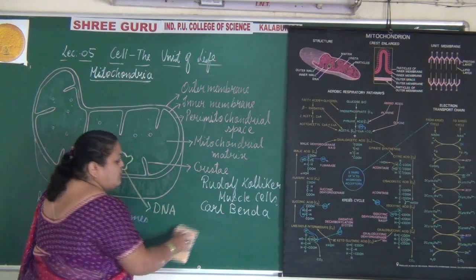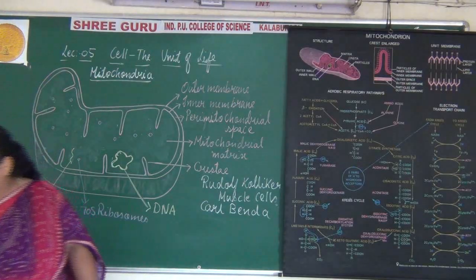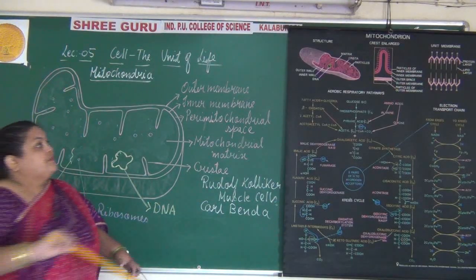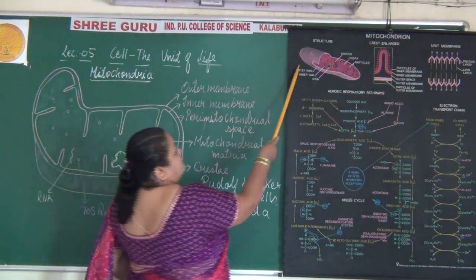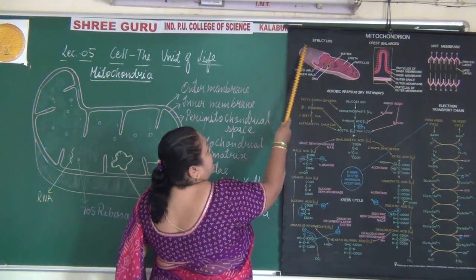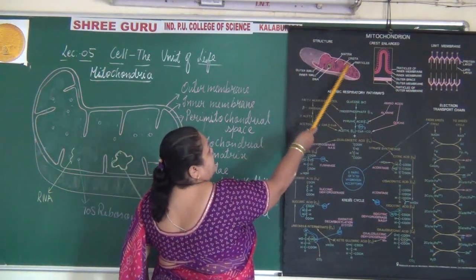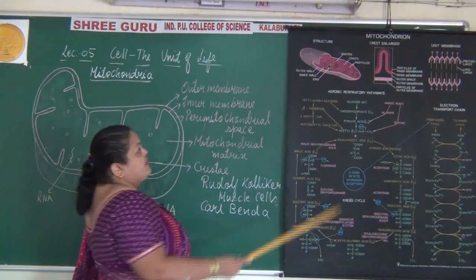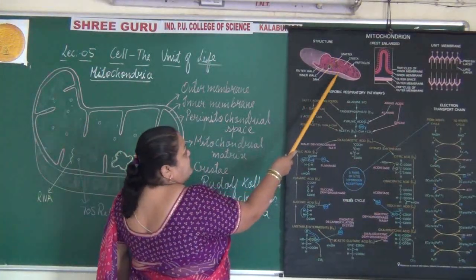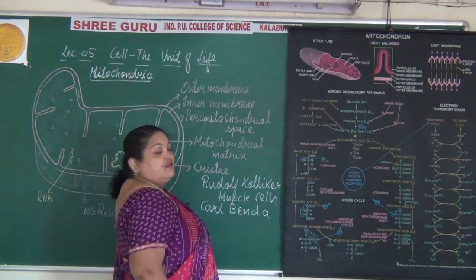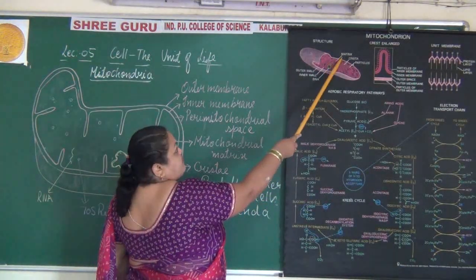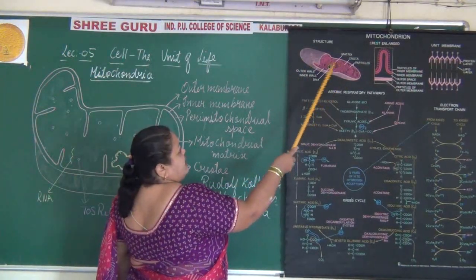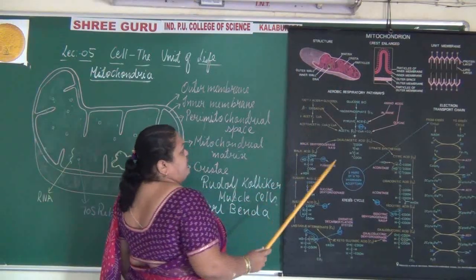So here, if you go with the structure, the mitochondria appears sausage shaped with an outer membrane and an inner membrane. This is the outer membrane, the outer layer, and this is the inner membrane.